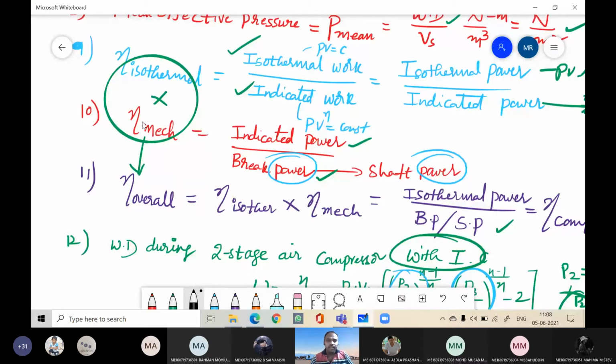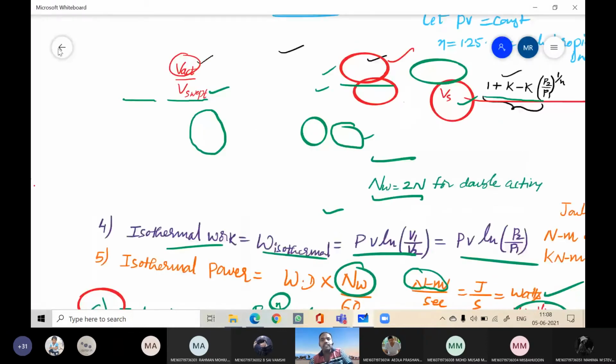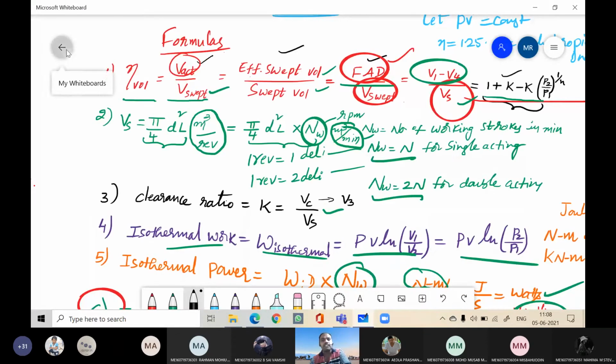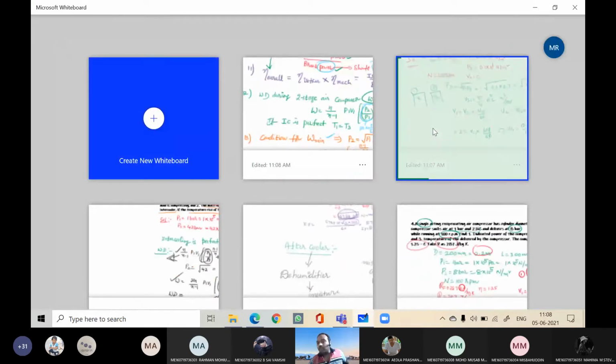If mechanical efficiency is given in the problem, shaft power can be calculated. Indicated power anyhow we can calculate by using the formula. Here the data is insufficient because mechanical efficiency is missing in the problem. If mechanical efficiency is given, then we can calculate shaft power or power required to drive the compressor.